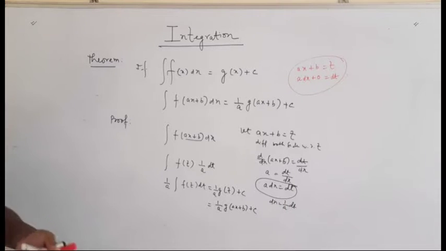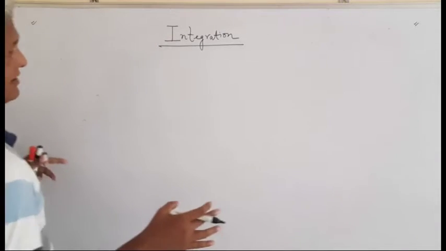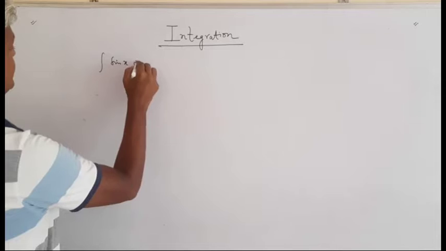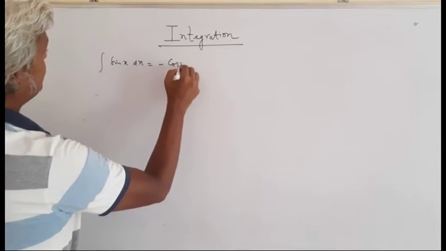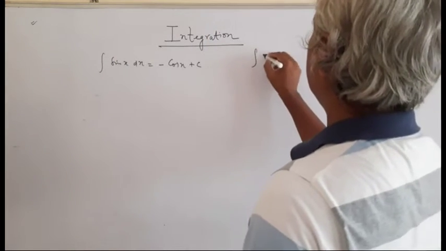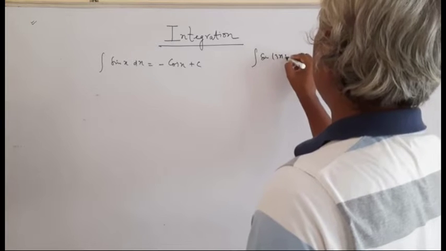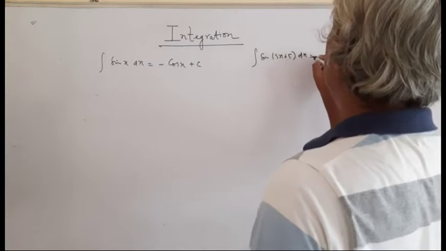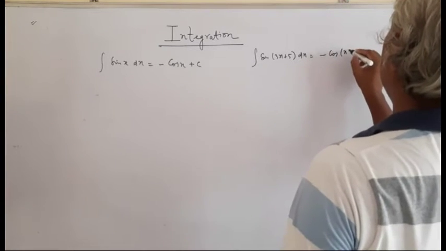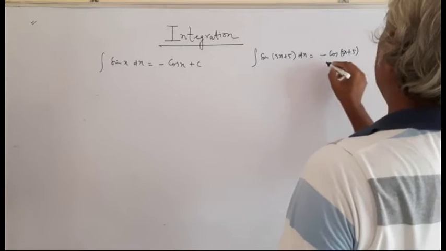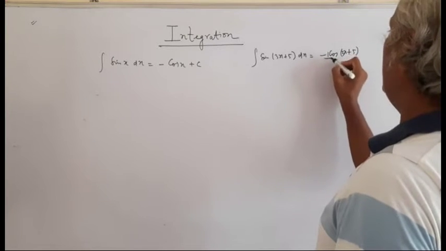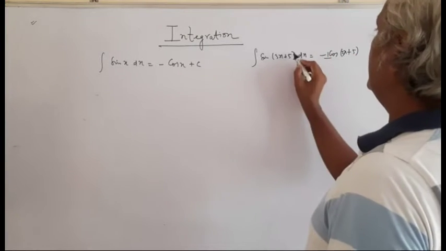So now I'm trying to connect these two values we have discussed. Integration of sin x dx is minus cos x plus c. Then integration of sin 3x plus 5 dx is minus cos, the very same thing, 3x plus 5, and then you divide by the differentiation of this.